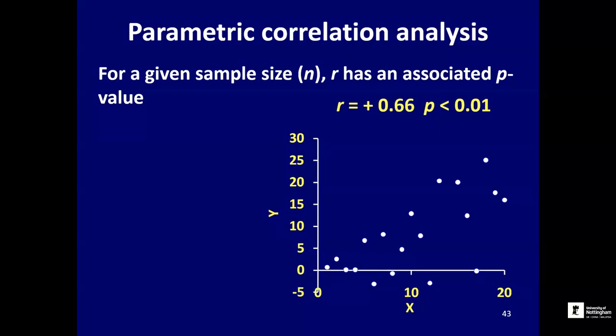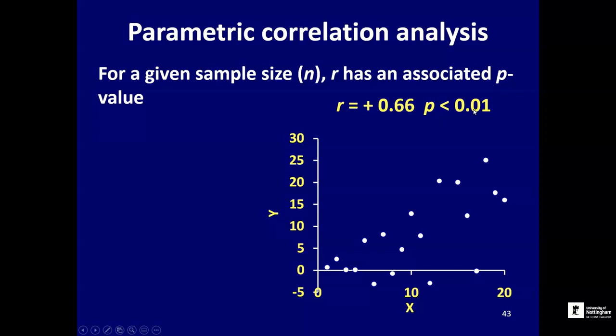If we compare two situations, here's a situation with a relatively large sample size and quite a strong positive correlation coefficient. The probability of observing this relationship by chance is very low, less than 1 in 100. Imagine throwing darts at a dartboard blindfolded: the chances of you getting this nice positive pattern at random, well, there is a possibility it could happen, but it's very unlikely.